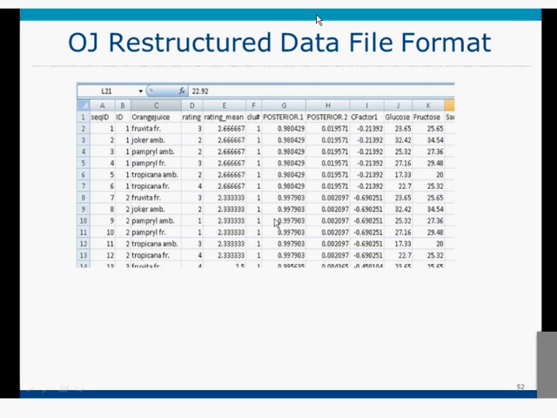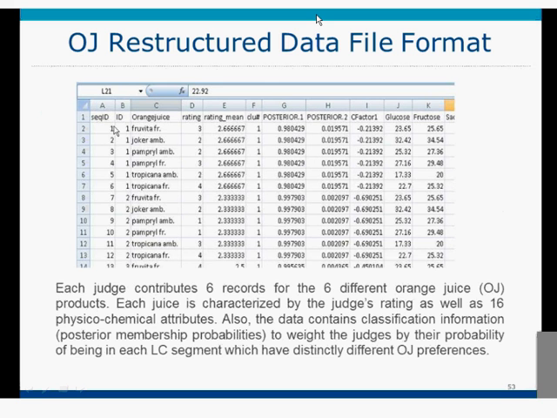Okay, this is what the data looks like. Here we have judge number 1. You can see here are the 6 orange juices. Here's the rating for each of the 6 orange juices. And it turns out a latent class model says that there are 2 classes that have different preferences for the orange juices.